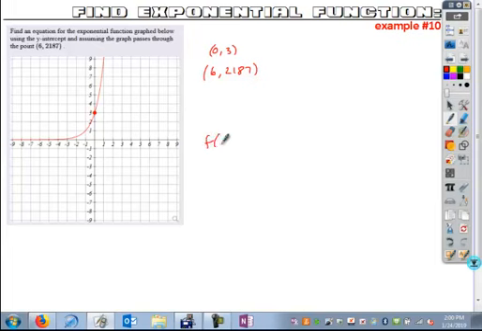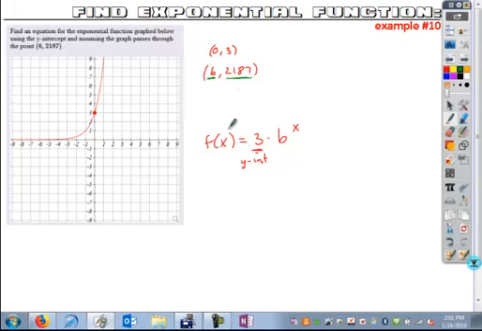So we have f of x is equal to 3 times something to the x, or I'll call it b to the x. Once we have this value, because we know our y-intercept, this is our a value. What we can now do is use the other point, x and y, to solve for b.